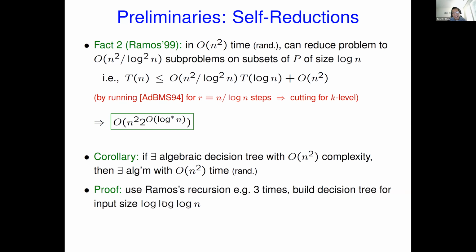Now, normally the decision tree will have super exponential complexity, but for input size this small, something that's super exponential in triple log n is tolerable, right? And then once you have the decision tree, all of the small size problems can be solved optimally in log squared time. And so the total time will be n squared. And proved, okay? So from now on, it suffices to concentrate on coming up with a good decision tree to solve the problem.